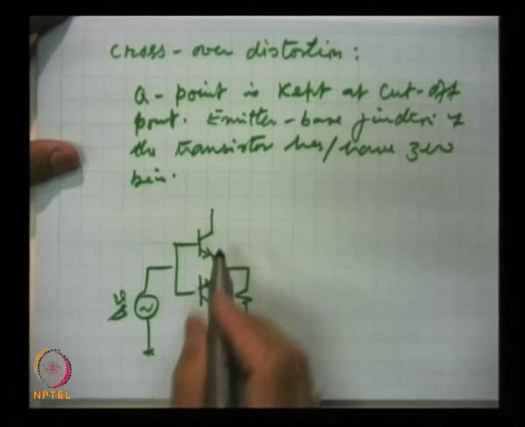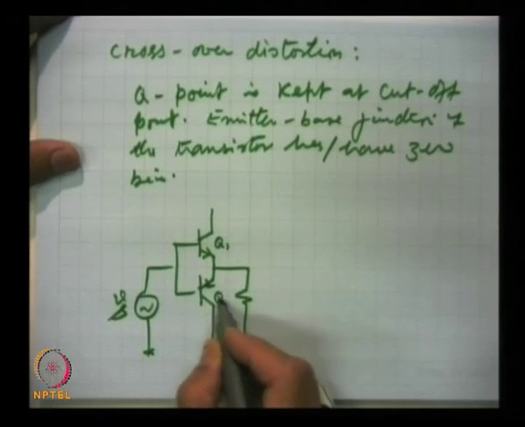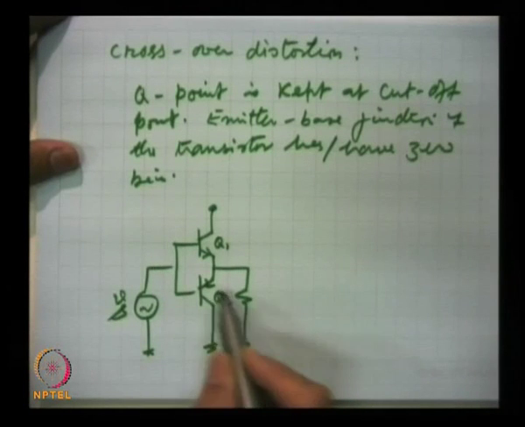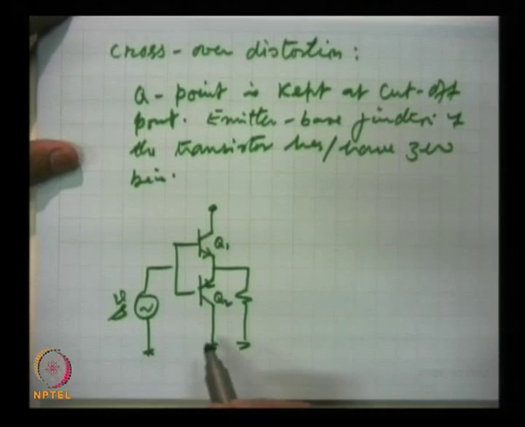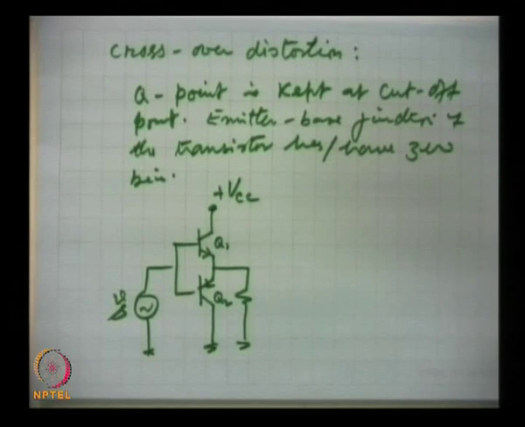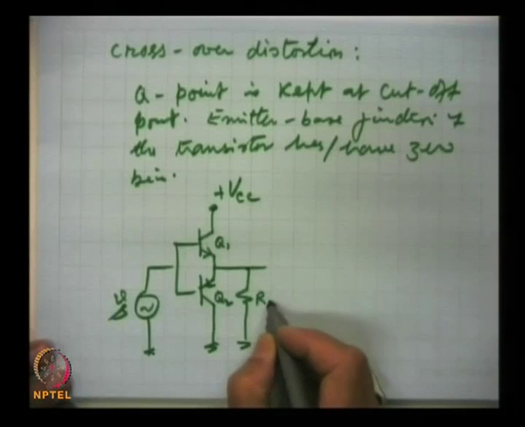These are the two transistors Q1 and Q2. Q1 is NPN type and the other one is PNP, and both are biased by a single source VCC, and output is taken at the common load RL.